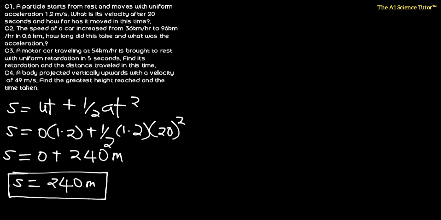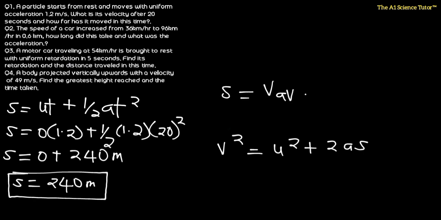If you have it for s equal to ut plus half at squared, then go ahead and use that one. But if you have the one that doesn't have the time, then you need to use v squared is equal to u squared plus 2as, and you are still going to find the displacement without needing to know the value of the time. Then there is also another one, which is average velocity multiplied by time. So that is just the difference.